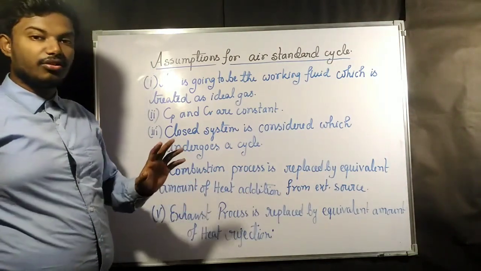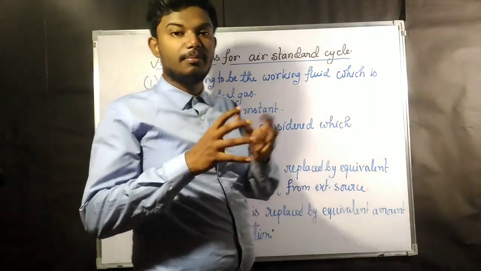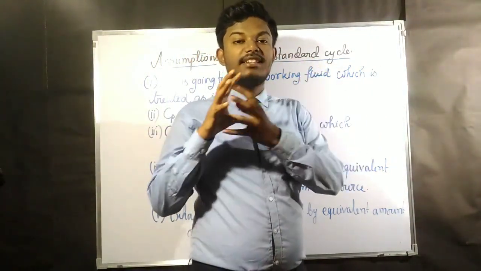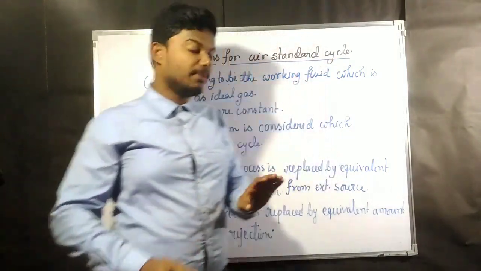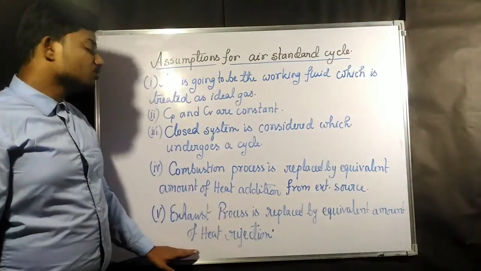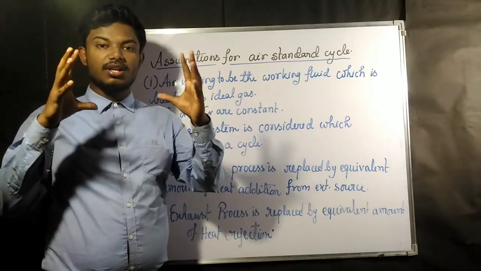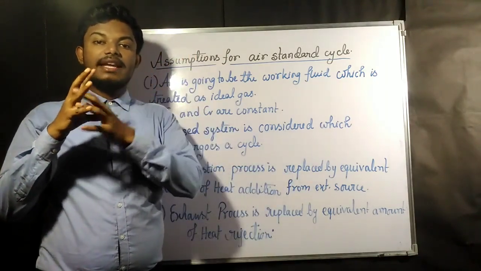Similarly, the exhaust process, when the burned or combustion products are exhausted, is replaced with an equivalent amount of heat rejection. The combustion products are going to have some heat quantity.